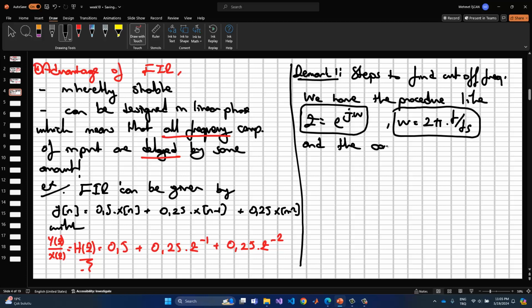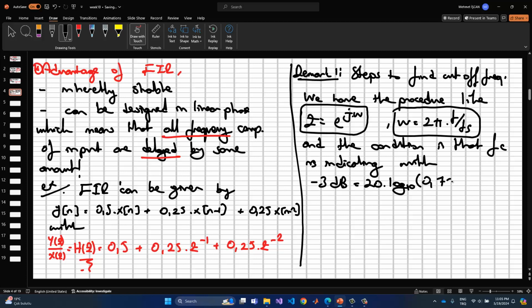The condition is that fc, the cutoff frequency, is indicated by minus 3 decibels, which equals 20 log base 10 of 0.707.